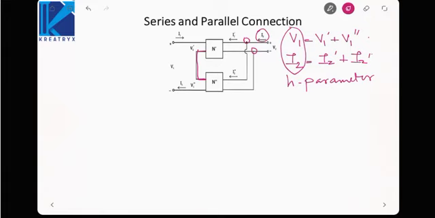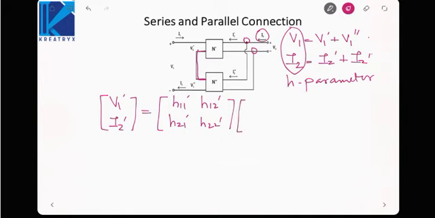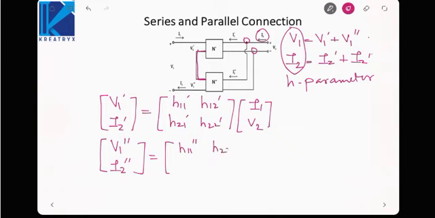So now if I write the equation for network number 1, V1 dash, I2 dash is equal to H11 dash, H12 dash, H21 dash, H22 dash, and here we will have I1 and V2. And for the next network it will be V1 double dash, I2 double dash, with H11 double dash, H12 double dash, H21 double dash, H22 double dash, I1, V2.